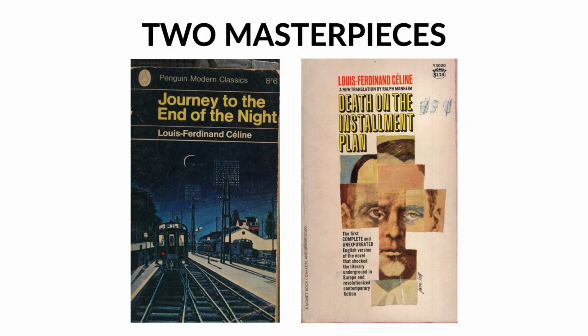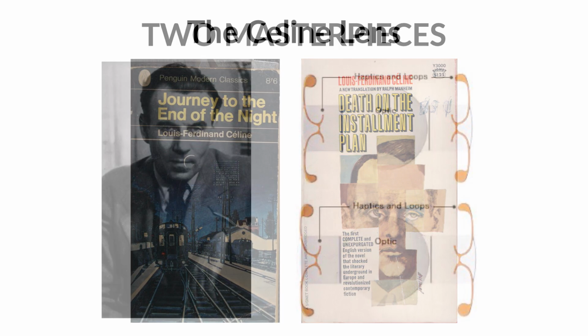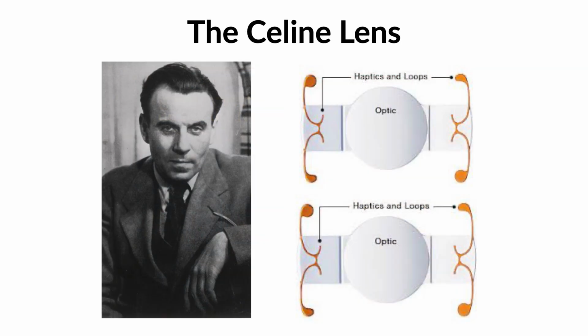As we get some more names, Louis-Ferdinand Céline wrote 2 masterpieces, Journey to the End of the Night and Death on the Installment Plan. So we have here what I call the Céline lens. I did this on what might be the nicest gentleman ever. And I saw him probably every week, then every month for about 8 or 9 years.